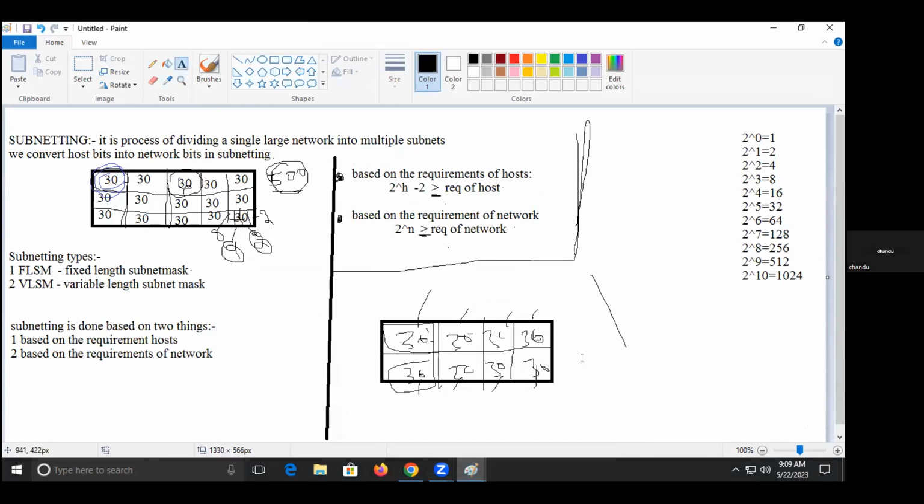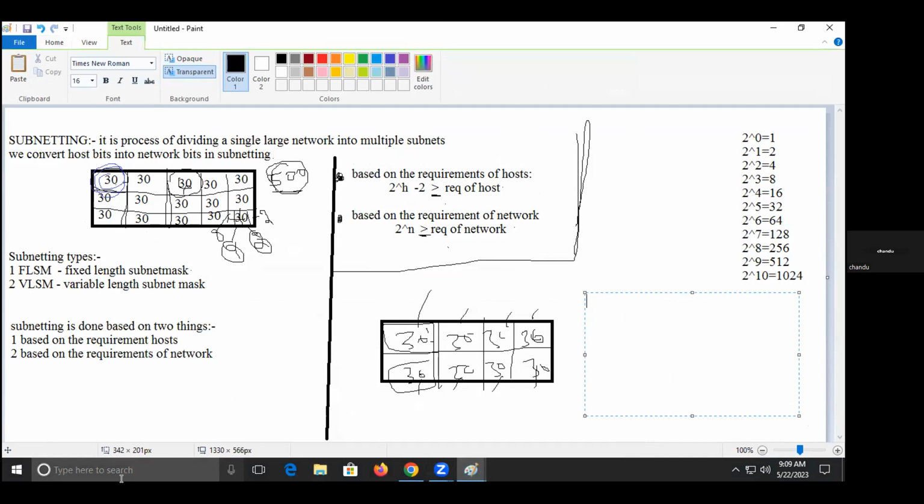See, for example, for slash 30, you know slash 24 is 255.255.255.0. Again, slash 30 is 255.255.255.252. So in the 252, the total addresses are 4, and the valid ones will be 2.